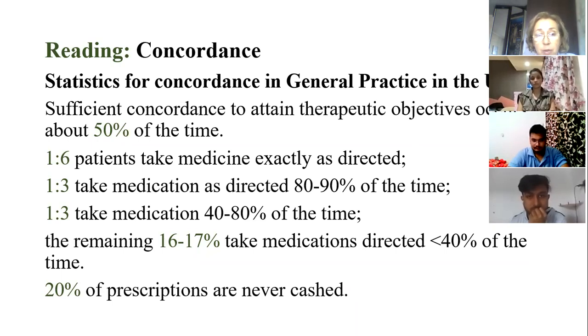This is because of patients who don't follow the prescriptions of the doctor, and even 20% do not take any of the medications which were prescribed by the doctor. And what do you think of the situation in your country? Is it similar to these statistics, or is it different?